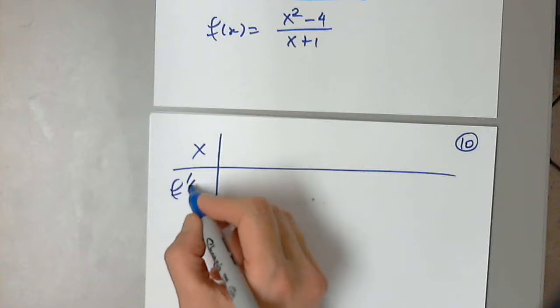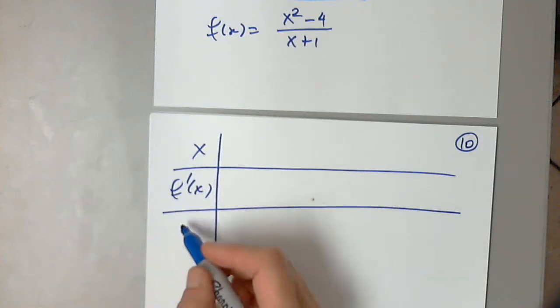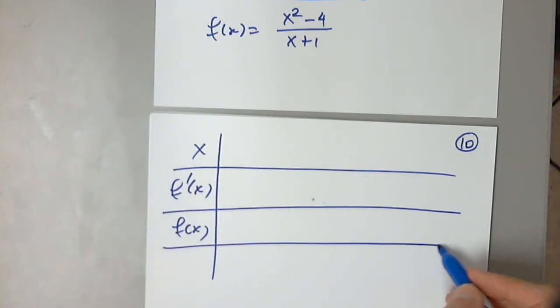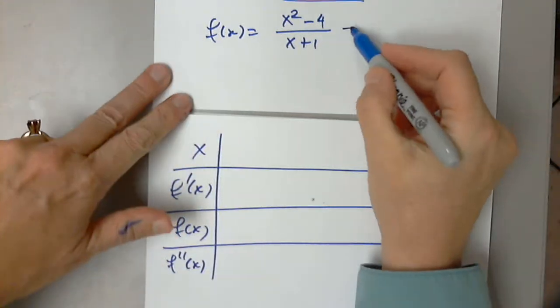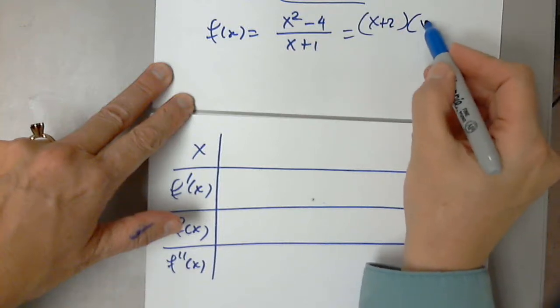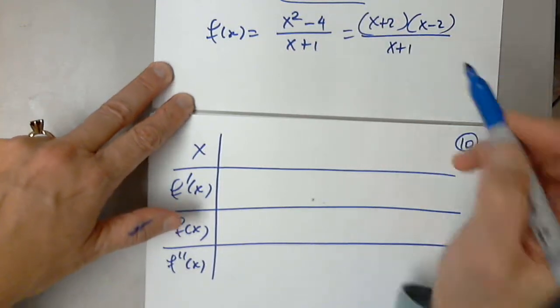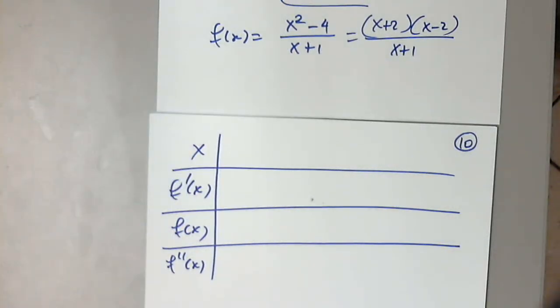What is the domain of this function? X-intercept, Y-intercept. Yes, I will factor the numerator immediately. And you'll give me the domain. What is the domain?